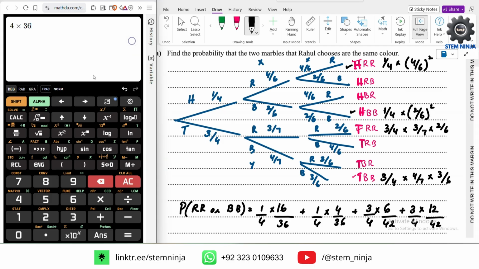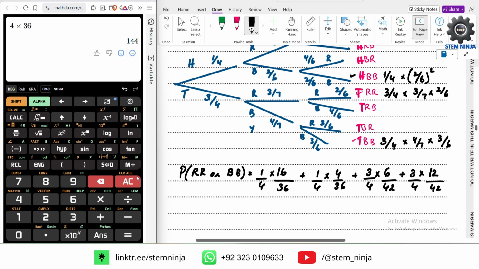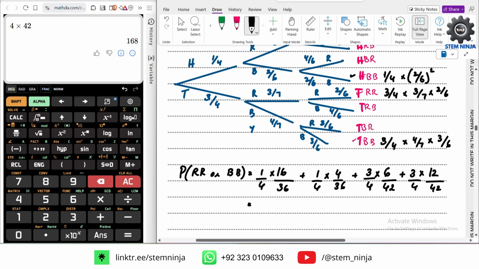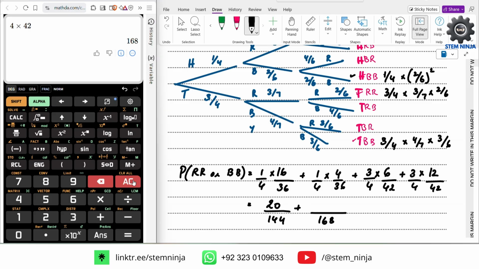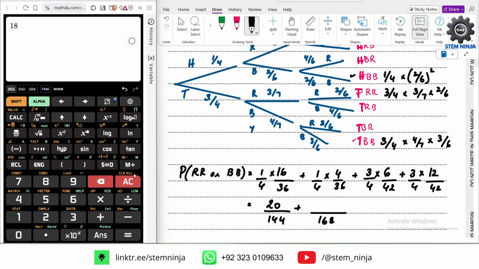Okay. So 4 times 36 is 144, and 4 times 42 is 168. So 16 plus 4 is 20, plus 18 plus 36, 54.